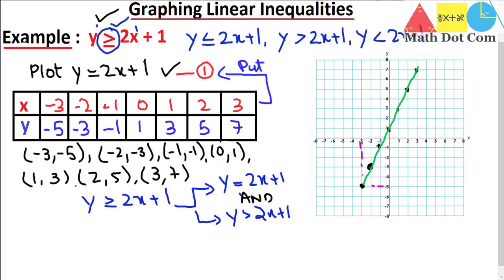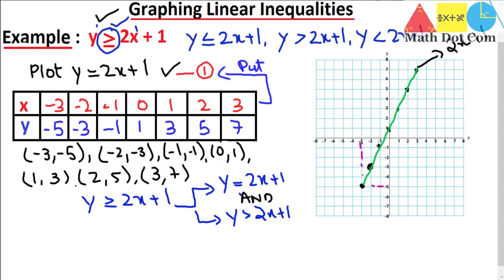This line represents 2x plus 1, but this inequality says that all the points greater than as well as equal to this line are included.